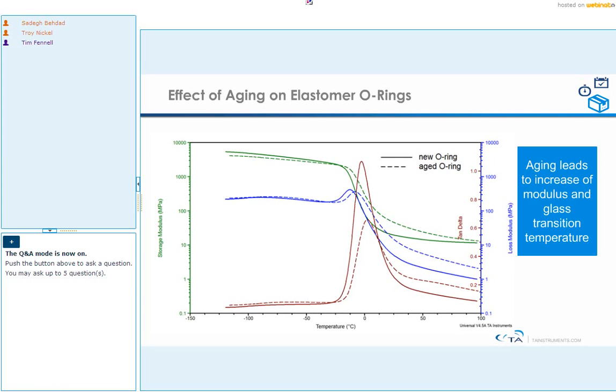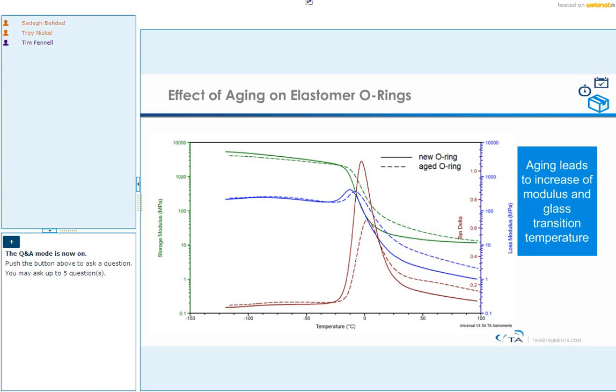So what you can see here is that with time, the modulus is increased and your peak of tan delta shifts towards the right. So in a sense, it seems that aging is improving your properties. Why is that?